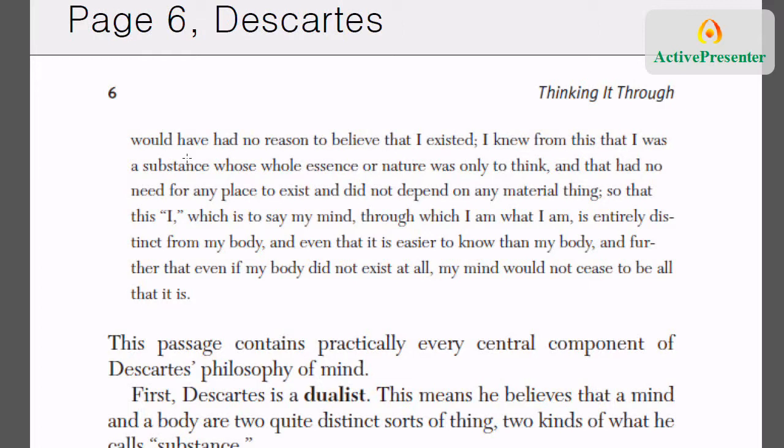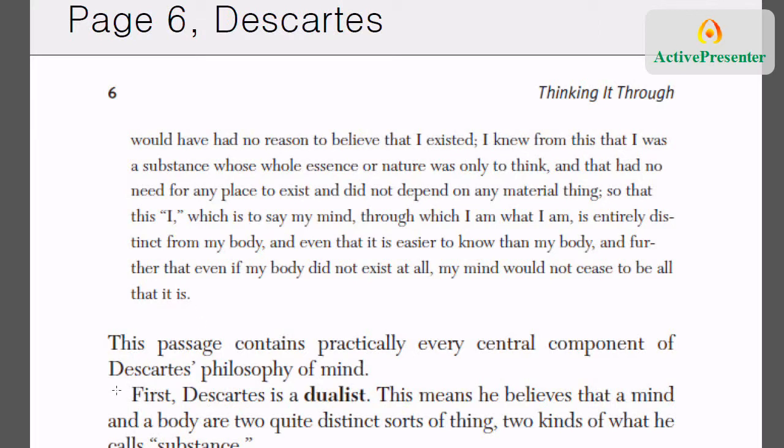So that this I, which is to say my mind, through which I am what I am, is entirely distinct from my body, and even that it is easier to know than my body, and further that even if my body did not exist at all, my mind would not cease to be all that it is.